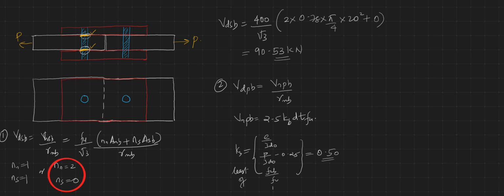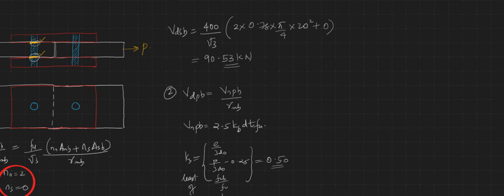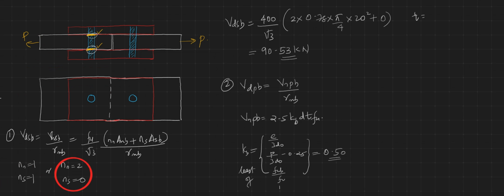D also is the same, but T here I need to write as T is equal to the smaller of 14 mm, because this is 14 mm and this is 8 mm, or 8 plus 8, that is the summation of the thickness of these cover plates, or 14 mm, that is the smaller of 16 or 14. So I could write T as 14 mm. I'll take T as 14 mm.